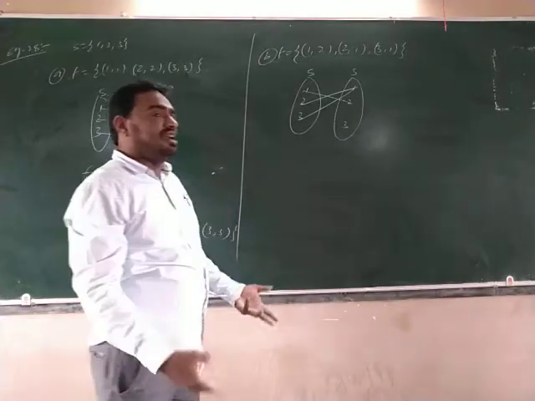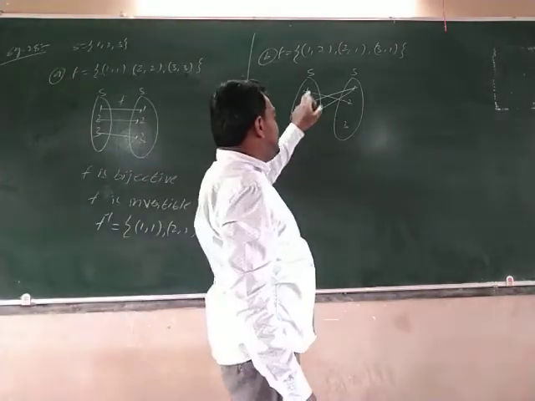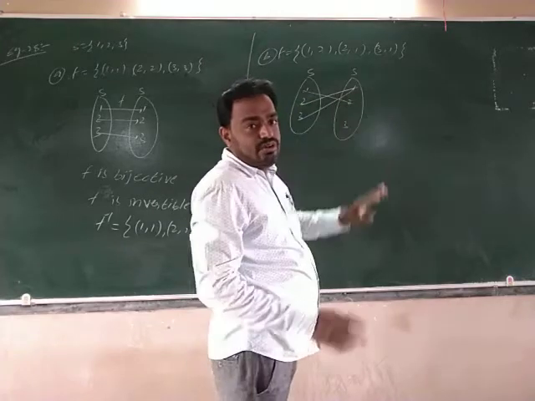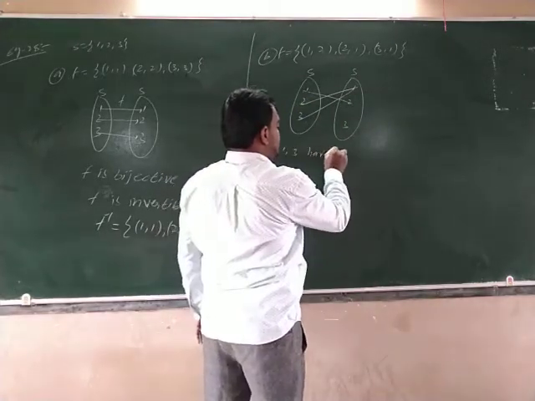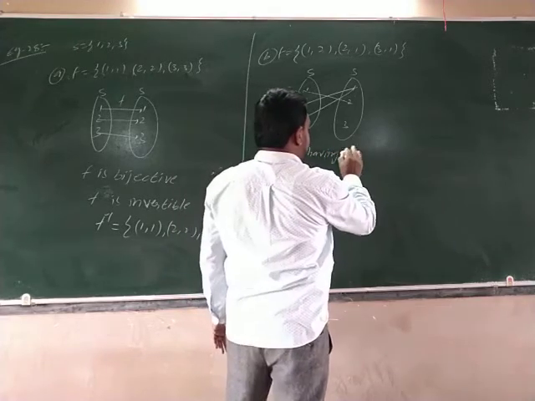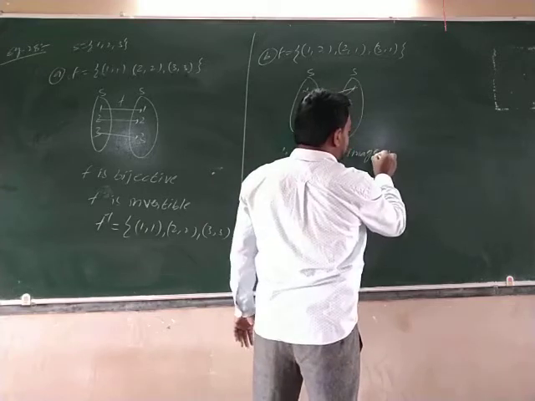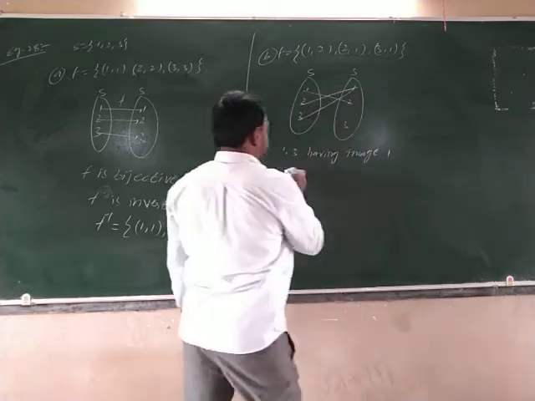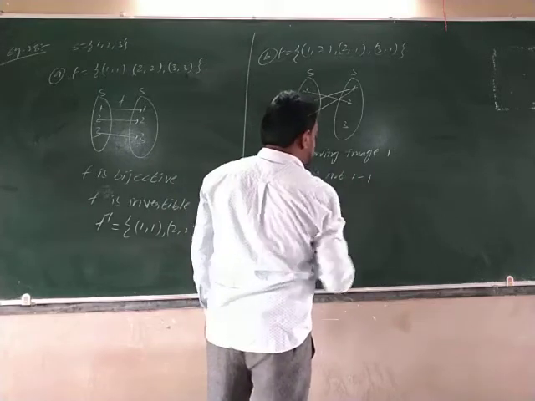You see it is not one-one, not one-two. Why? You see here 1 and 3 have the same image, 1. Therefore f is not a one-one function.